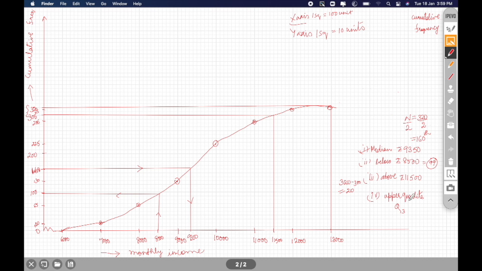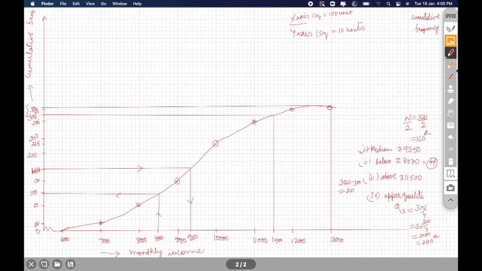Next, finding out the upper quartile, Q3. Q3 is 3n by 4. So 3 into 320 by 4, that is 3 into 80 is 240. So we have to find the 240th observation on the y-axis. So on the y-axis 240 is here. Okay, 240 is here.